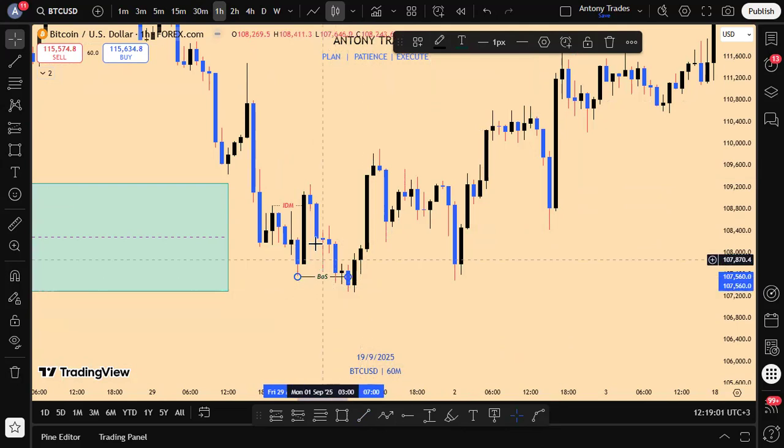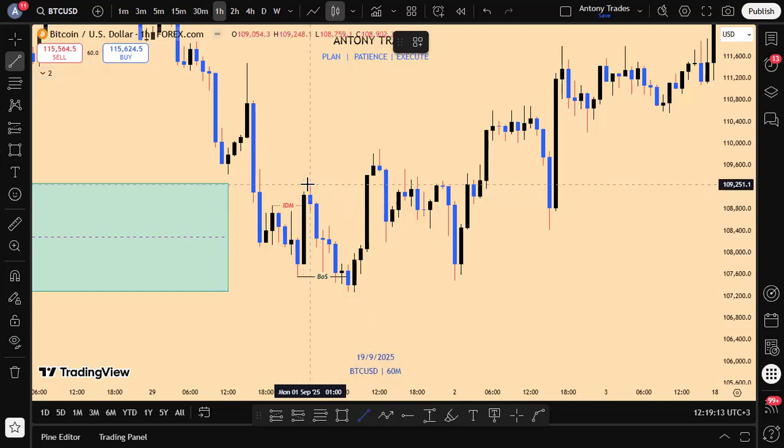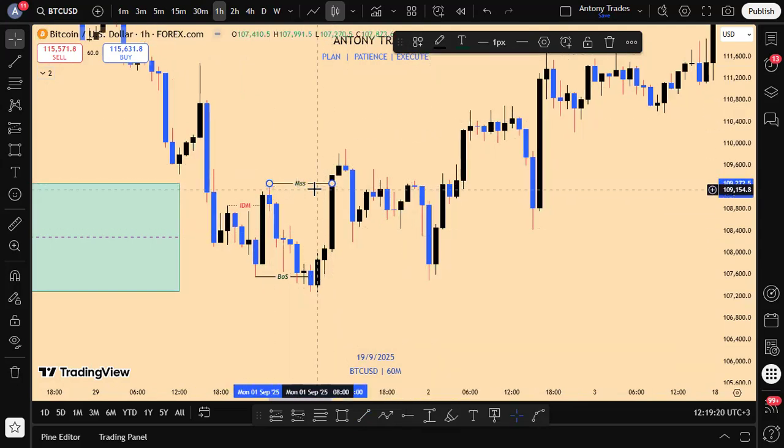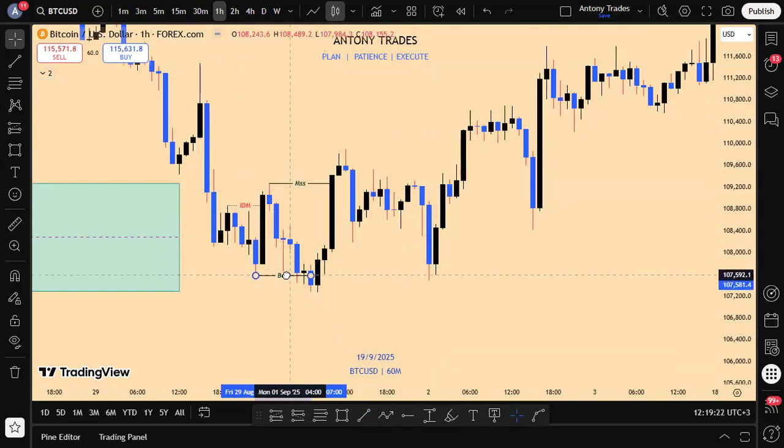Now after this break of structure, market now push to the upside. This means now this eye was very strong and was never meant to be broken. So if this eye gets to be broken, now we get our change of character. This is now what I would like to look for. Now this is our change of character.